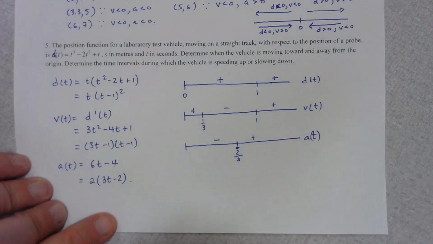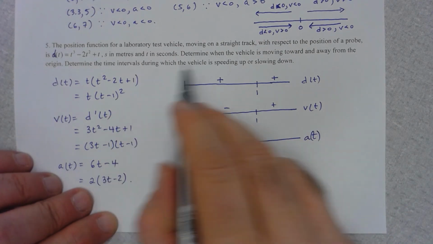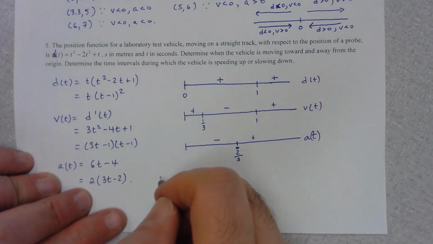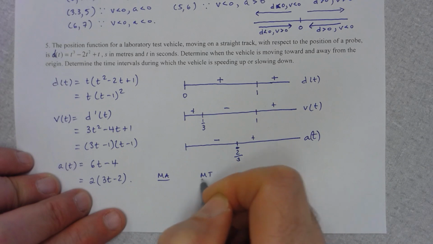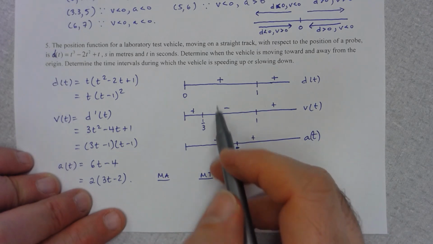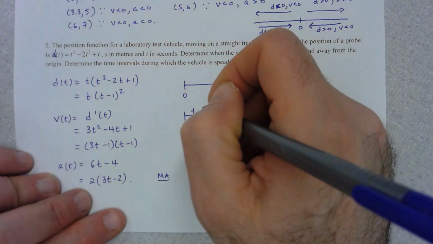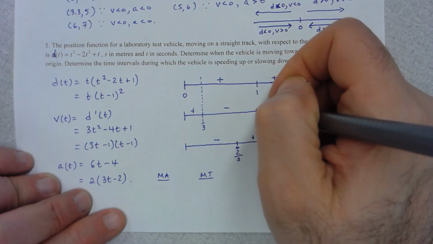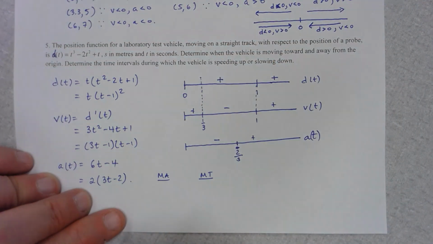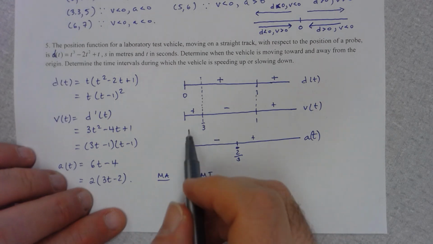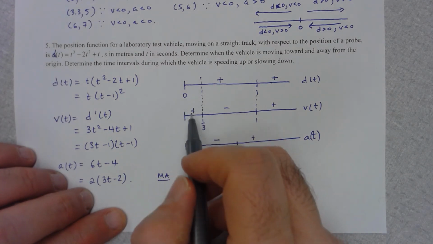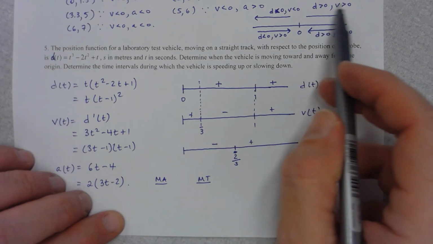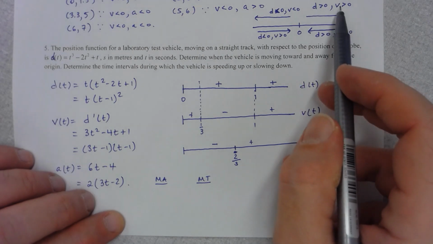And now what I can do is, if I'm trying to determine when it's moving away and moving toward, I just have to look at these 2 lines. And I'm just going to draw little dotted lines here to help me out. So I see that from 0 to 1/3, both position and velocity are positive. And as we saw above, when they have the same sign, I'm moving away.